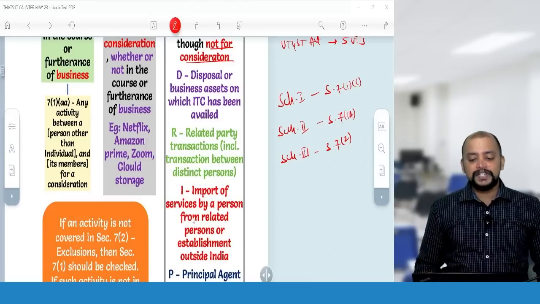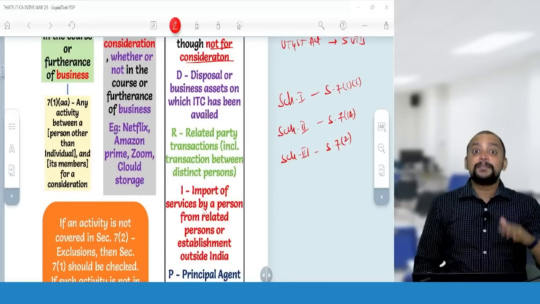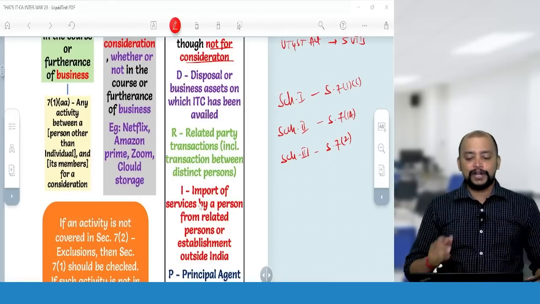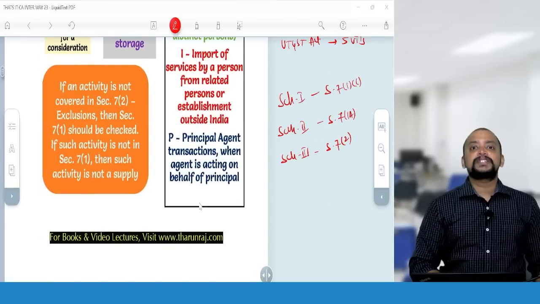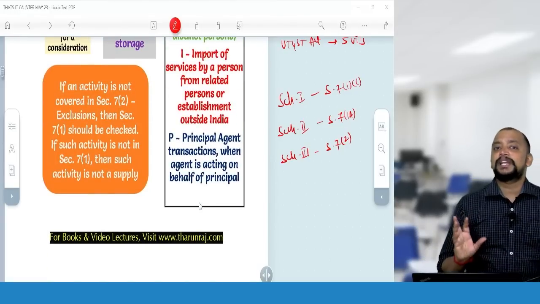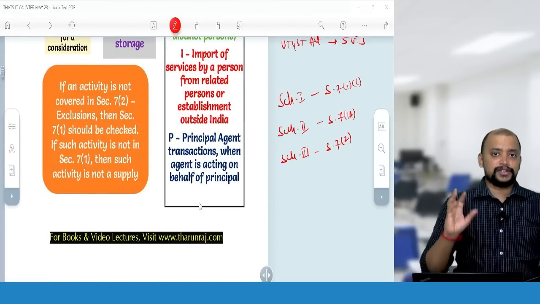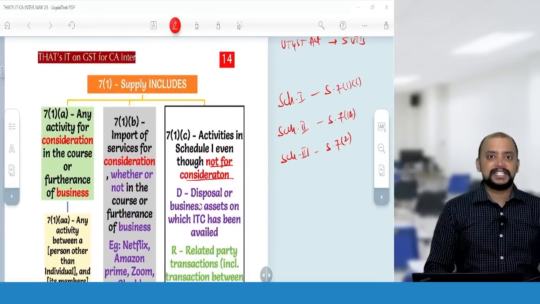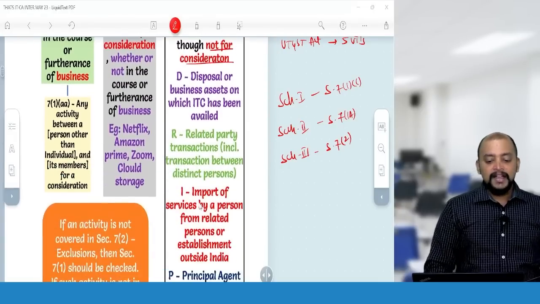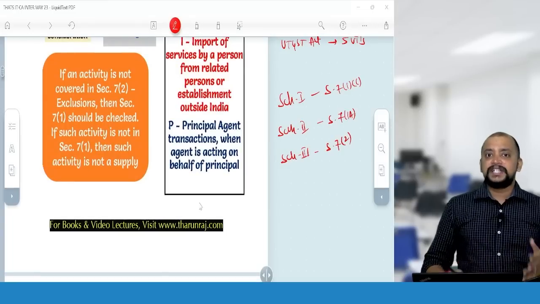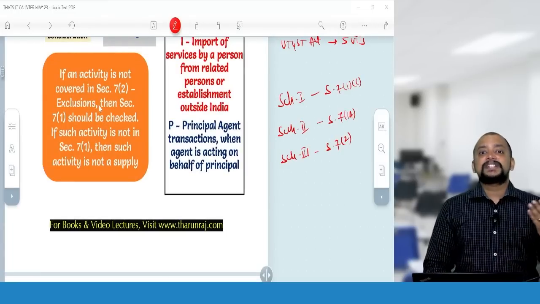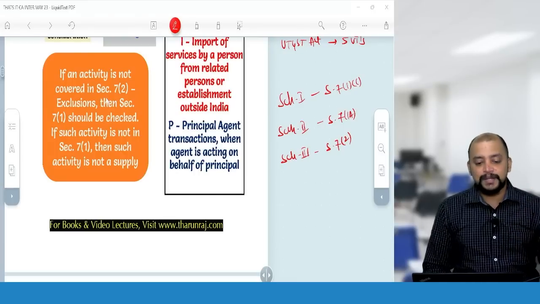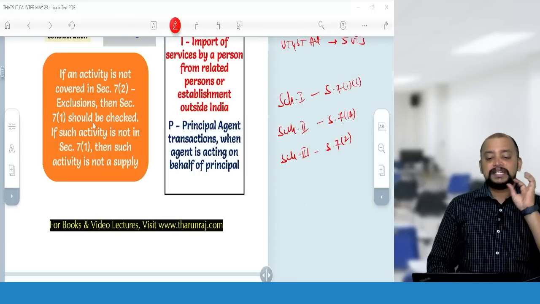Then P for principal agent transaction. But remember, principal agent transaction only in the context of goods. Now, these 4 activities are only covered under 7.1c and it will become supply. Whereas, suppose an activity is not covered under 7 subsection 2, that is exclusions from supply, then we need to check 7 subsection 1.